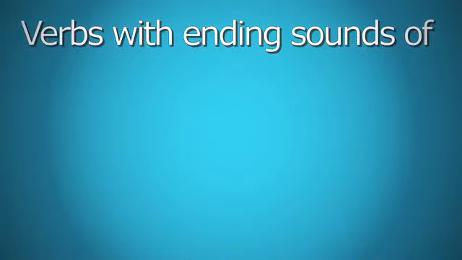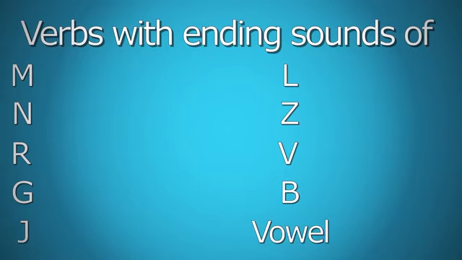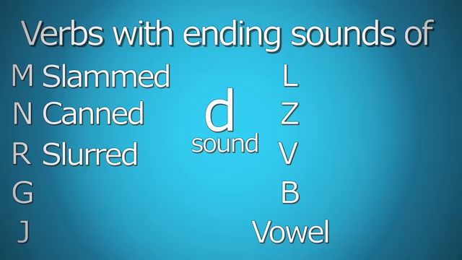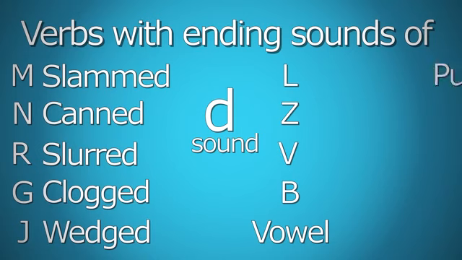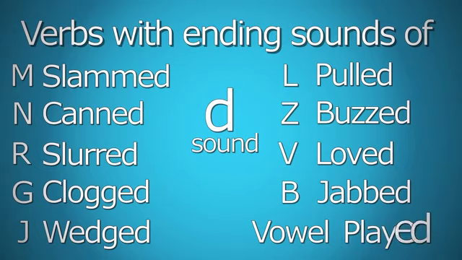Verbs that end in an M, N, R, G, J, L, Z, V, B, or a vowel sound have a d sound for the ed ending. For example, slammed, canned, slurred, clogged, wedged, pulled, buzzed, loved, jabbed, played.